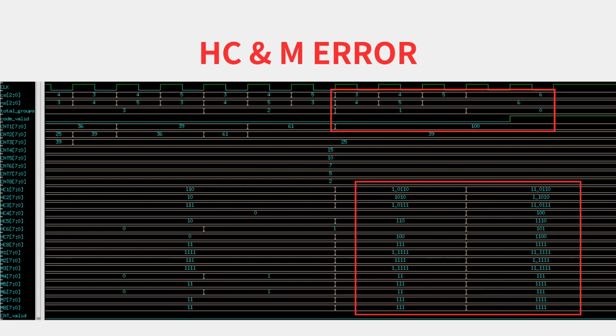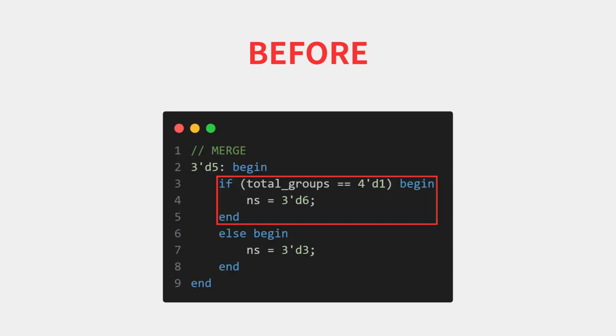The last problem we encountered is the Huffman and mask code error. From the figure, we notice that the Huffman coding is done with one more cycle. This is due to the ending condition statement. If we write total group is equal to 1 or not, then the next stage has not changed to the end stage.